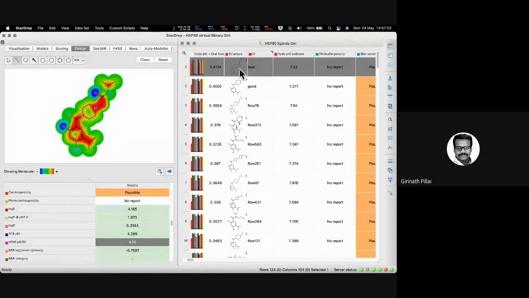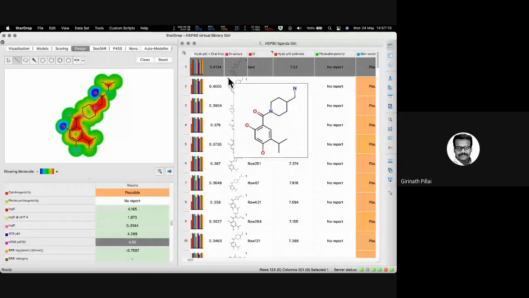Any compound greater than 7 is acceptable, right? So we cannot deny that this compound is moderately active or anything. This is an optimally good molecule because it also satisfies the other pharmacokinetic or ADME properties. Any doubts regarding this so far? I'll wait for 1 minute if you have any doubts.